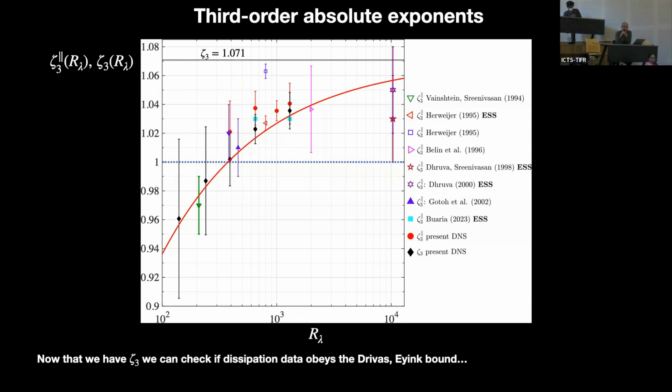You didn't mention two points. First, that in the experiments you have anisotropic corrections, and therefore one has to always take the experimental results with a grain of salt, unless they are able to disentangle the small anisotropic corrections. And the second point is the Reynolds dependency.